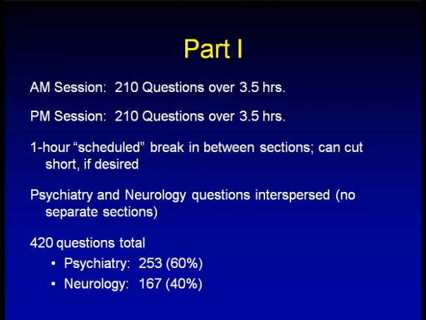It's different for those of you who last took an exam when we were all corralled into an arena and duked it out. I always felt like that's what we were doing when they herded us in there. That's all gone. A thing of the past. It's very neat and clean. You go in, you sit down, and you do your computerized test. Psychiatry and neurology questions are interspersed, so there are no separate sections, as those who have taken part 1 may recall.